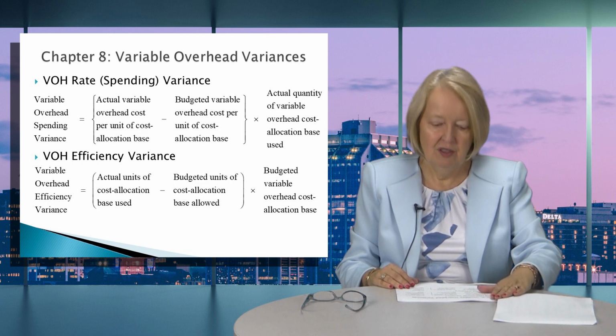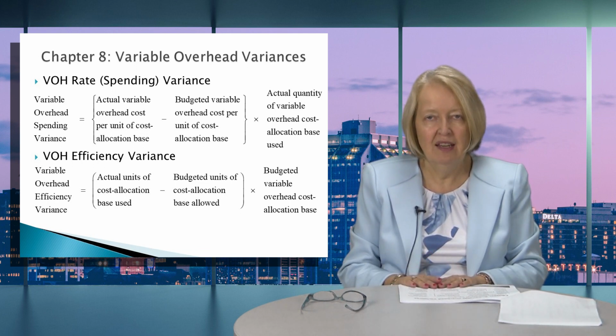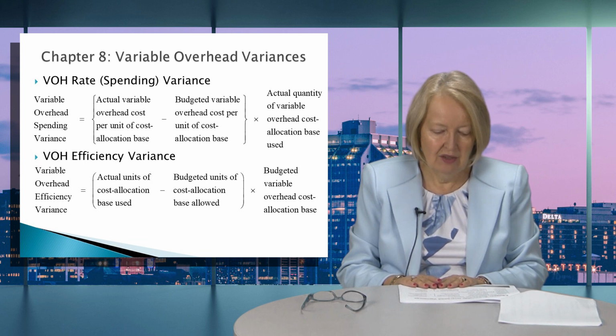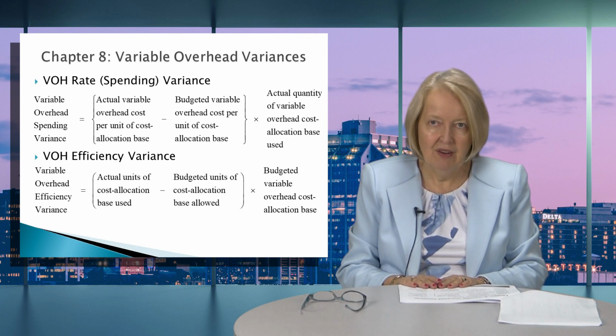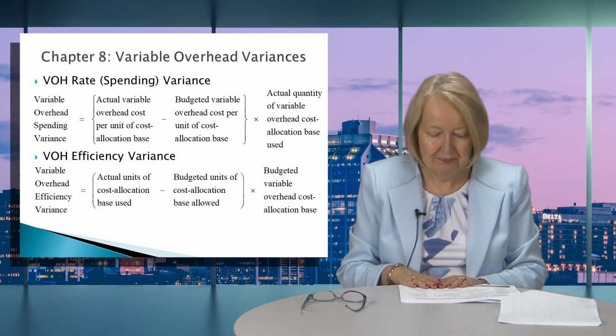Okay, next moving on to Chapter 8. Here we continued with variance analysis, but in Chapter 8, we're moving on now and looking at your overhead. So we're breaking down the overhead into its fixed and variable components. When you're looking at your variable overhead, you will have a spending variance, and you can see the formula there on your PowerPoint.